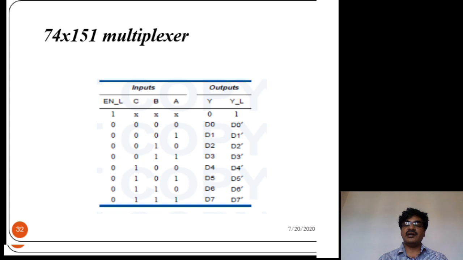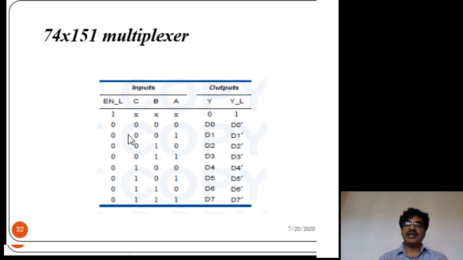Now based on the select line data, that is the ABC data, the corresponding input is connected to the output. If you take this example, A is 0, B is 0, C is 0. That means the D0 input is connected to Y, and its complement we can observe under Y bar.